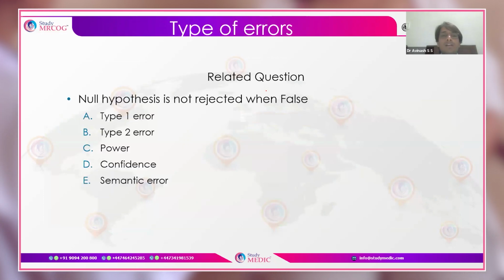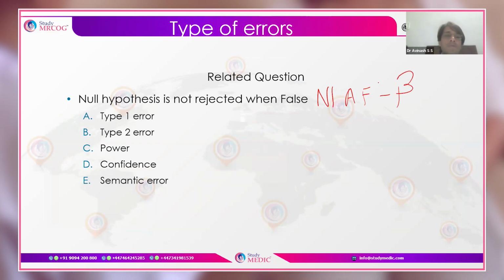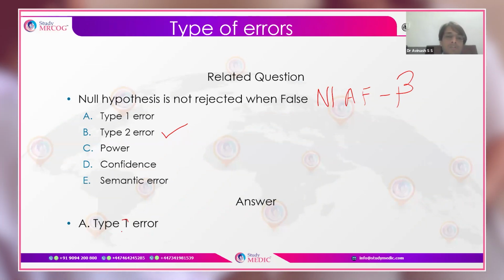Then another related question we'll see: null hypothesis is not rejected when it is false. That means null hypothesis is not rejected, we can say accepted when false. Okay, and this is nothing but the beta error, also called the type 2 error. So here we see that is actually a type 2 error, not rejected when false.